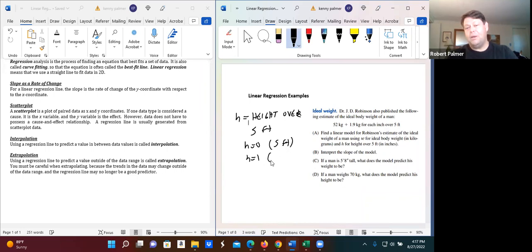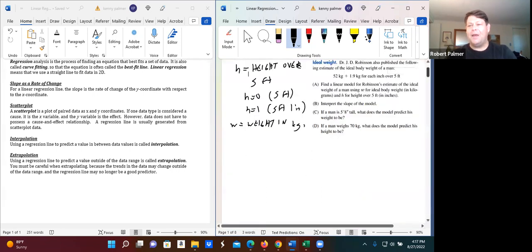H equals 1 is going to be 5 feet, 1 inch, and so forth. And our W is the weight in kilograms.